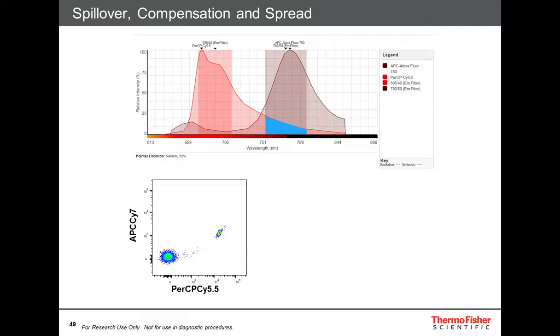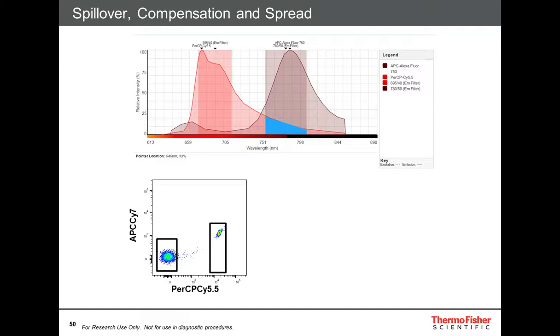So compensation just uses an algorithm to force the median of this value on the y-axis to be equivalent to the median of this on this axis as well. We could have chosen another algorithm to do this, but we chose compensation. So compensation allows us to visualize the effects of spillover in multidimensional space.